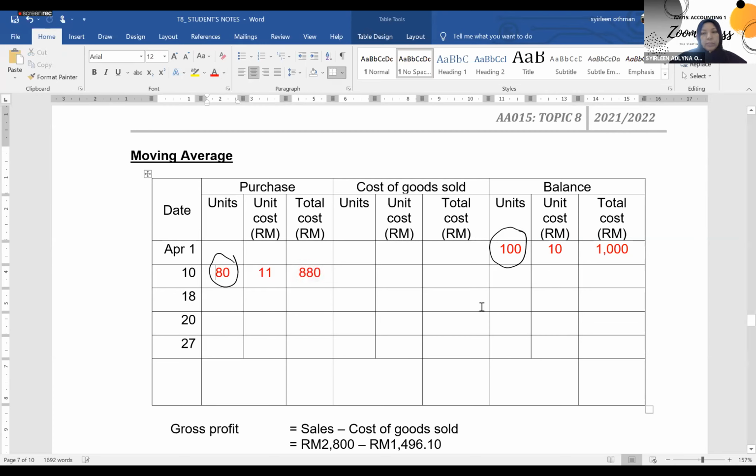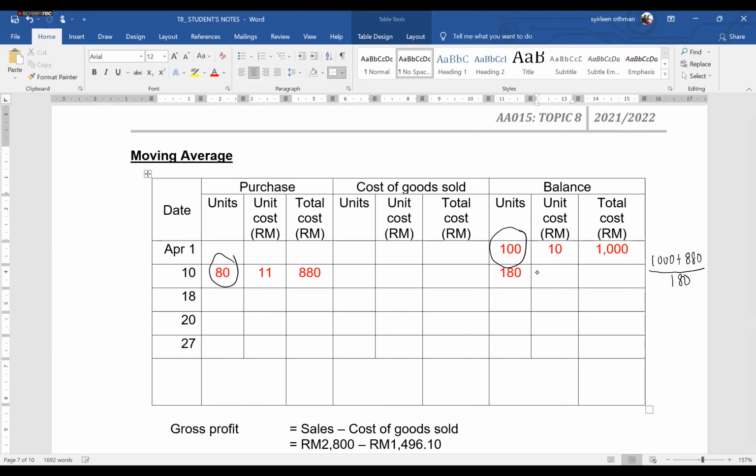So latest unit dia ada satu saja, which is 180. Tapi harga yang ni ialah 1000 campur 880 bahagi 180.